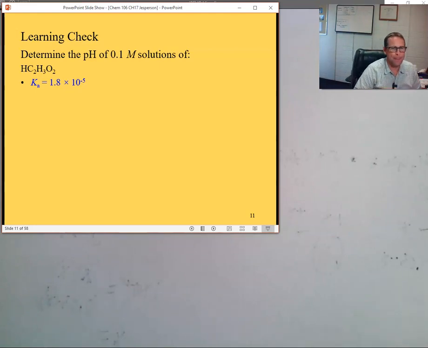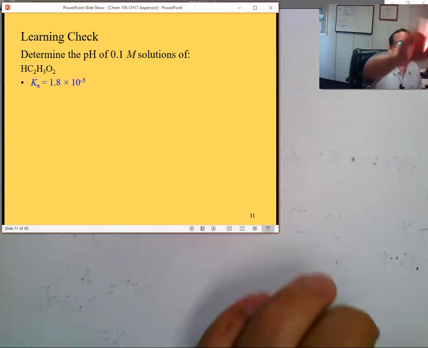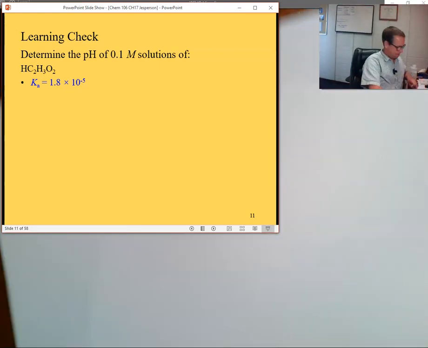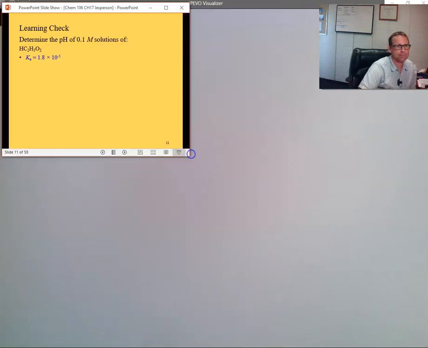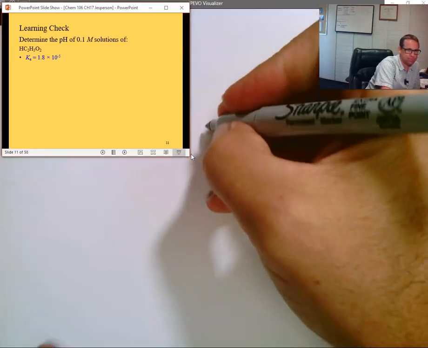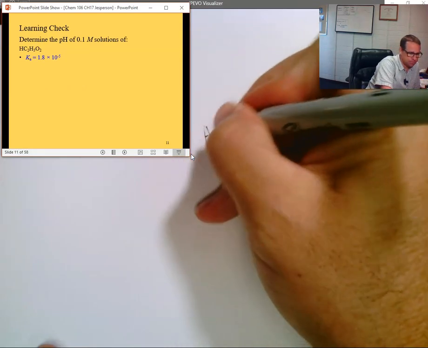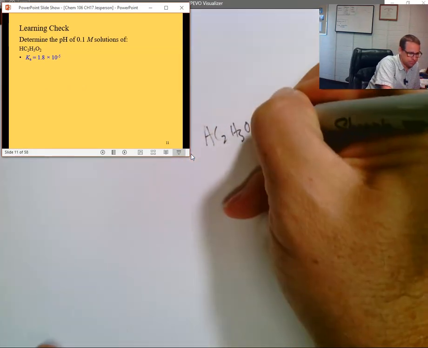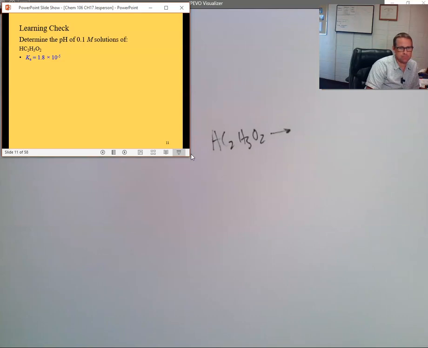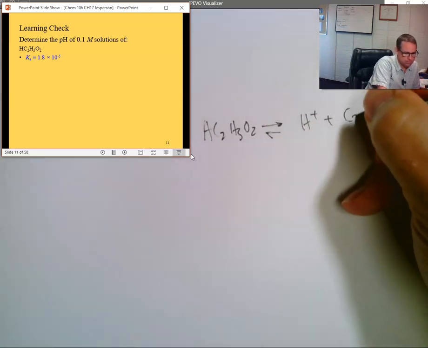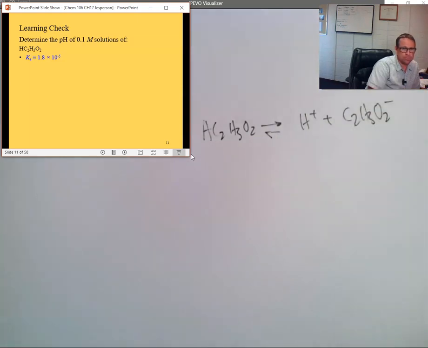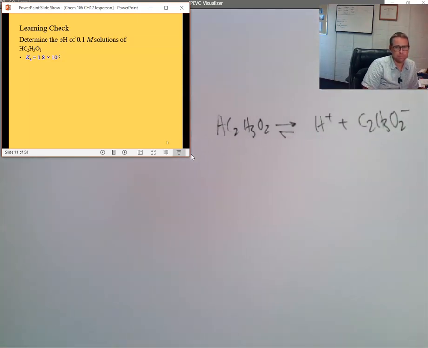So first we can write out the equation of the dissociation. Good. Into our ice table. Mm-hmm. And then, so that would just be HC2H3O2, which goes to H plus the C2H3O2 minus.